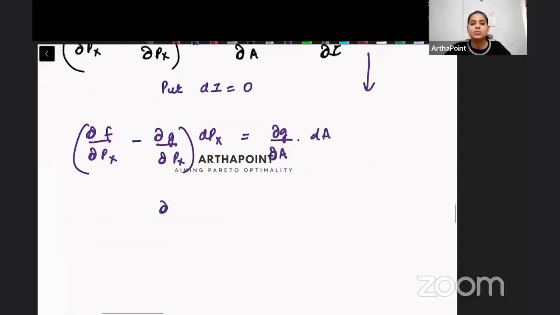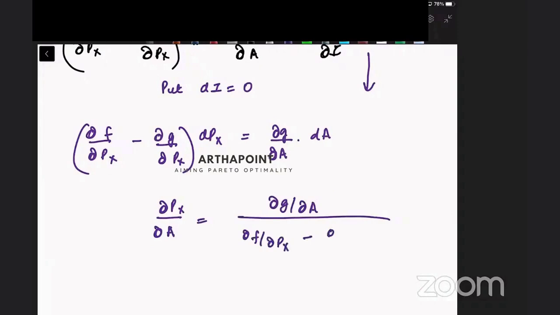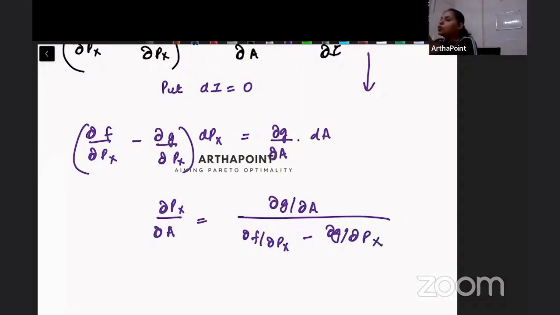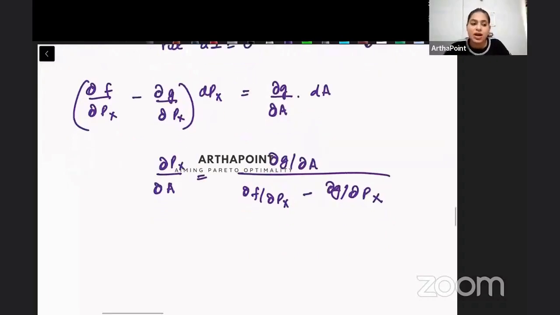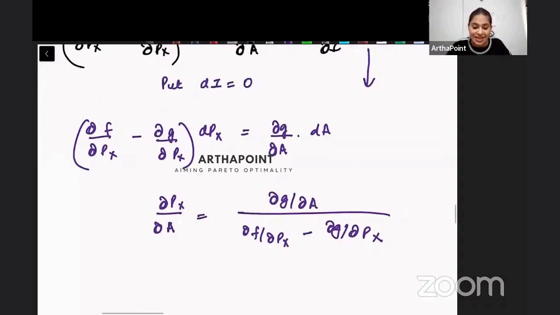So you will get del Px by del A equal to del G by del A upon del F by del Px minus del G by del Px. This is what you are going to get. So if you go ahead and you solve this, what is going to happen now? This is your answer, how price changes as A changes.